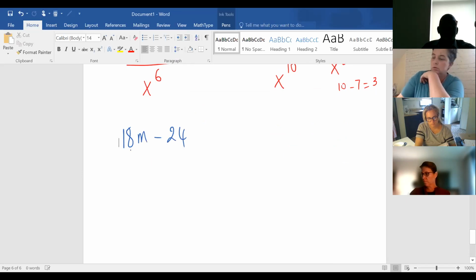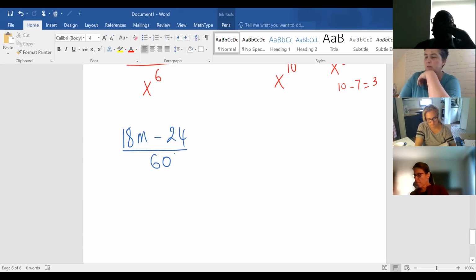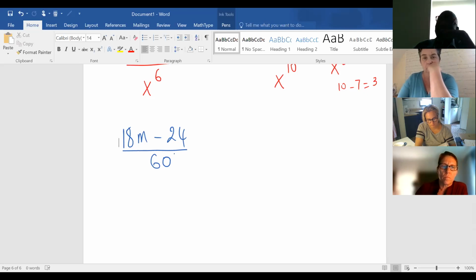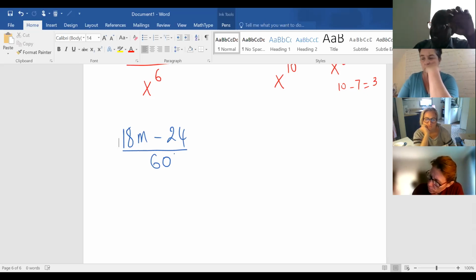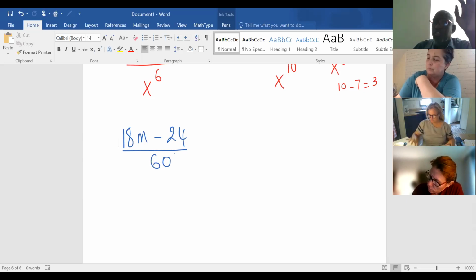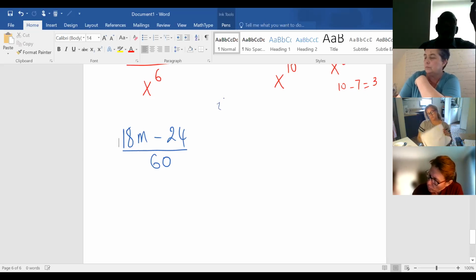Before I simplify whatever I can simplify, I have to factor first. Every time, you have to factor if necessary.